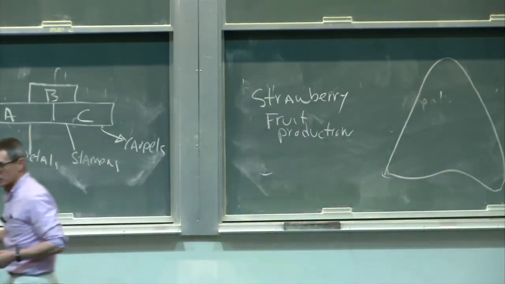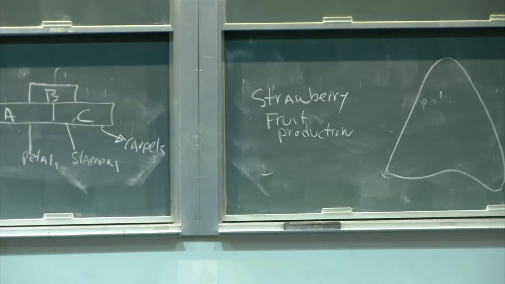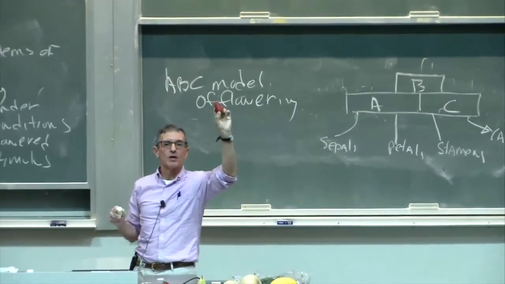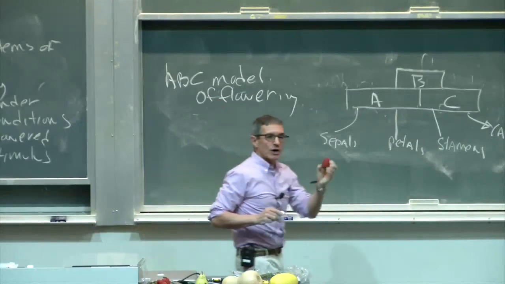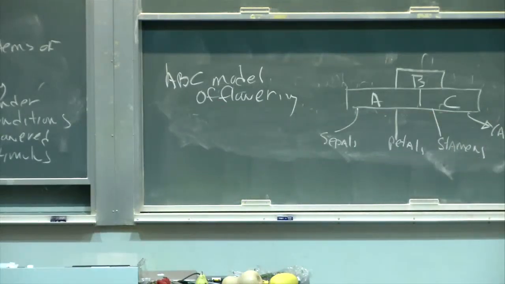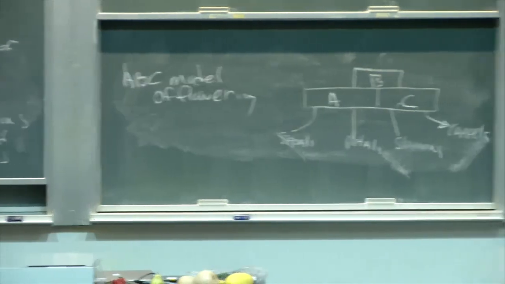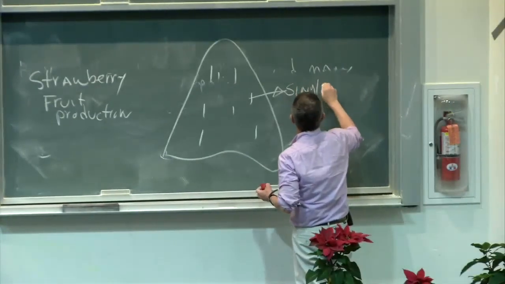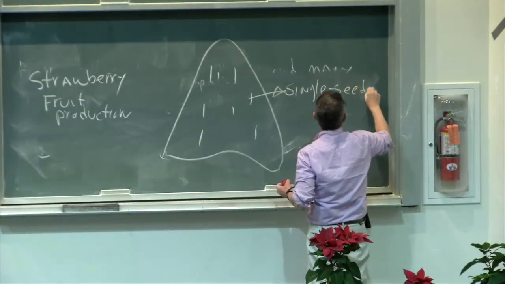So this structure up here in front that we think of as a fruit actually represents more than an enlarged ovary. If you look carefully at a strawberry, the things that get stuck in your teeth, each of these things that get stuck in the teeth are a single seeded fruit.